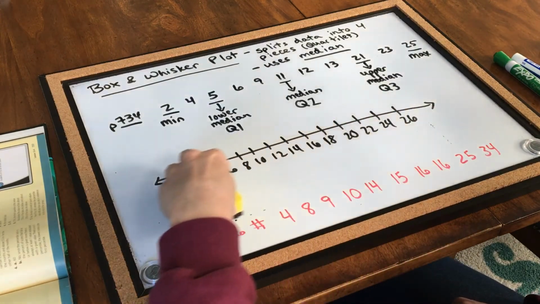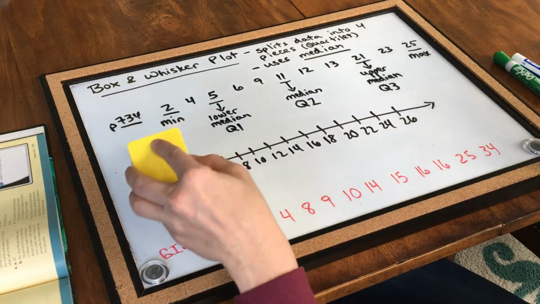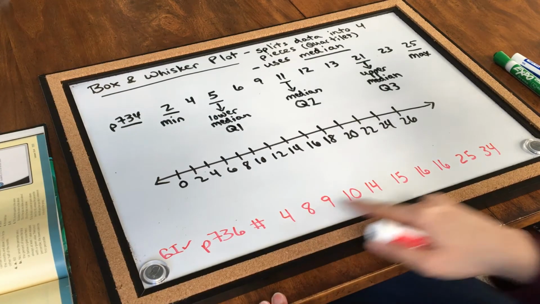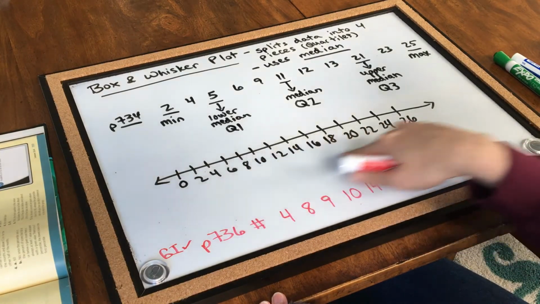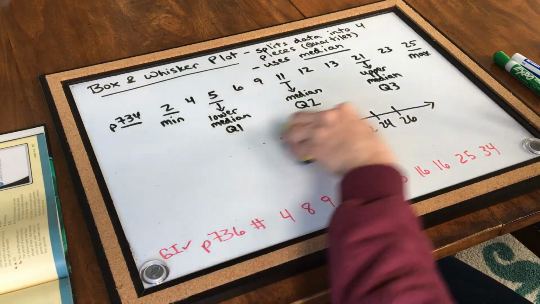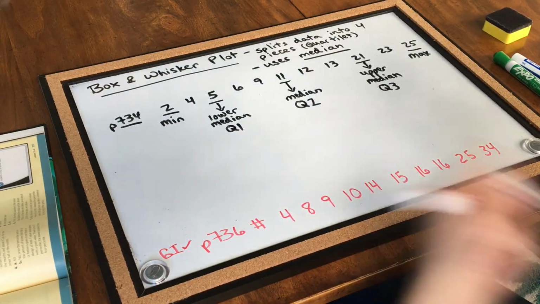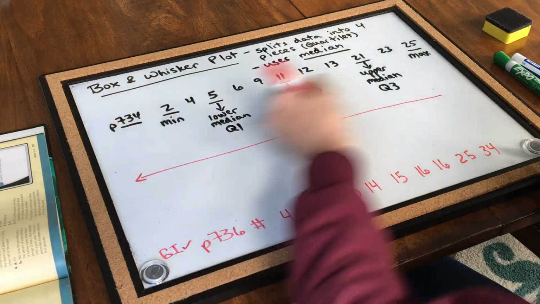All right, so I'm going to erase my box and whisker plot. And looking at my data, I have a bigger range here. I go from 4 all the way to 34, so that's definitely a bigger range. So I think I'm going to need to modify my number line. So I'm going to need to make a little bit of a different number line, and I'm going to get that number line ready to go.